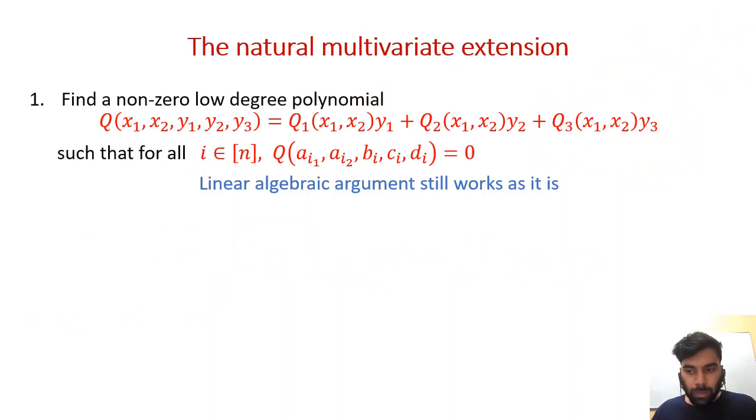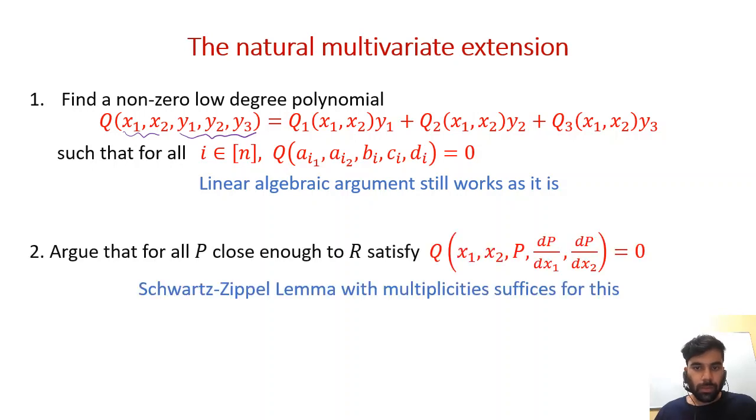So we will try to copy what Kuluswami-Wang did previously. For that, we need the first step to be explaining the data. Now here there is a very natural way. You say, okay, now I have three data points that are given at a particular x1, x2. So I will write a polynomial of this form and I will make it vanish on all such points. This is fairly easy. The linear algebra still goes through. The second point is, okay, I need to show that if P and R are close enough, this polynomial Q is identically 0.